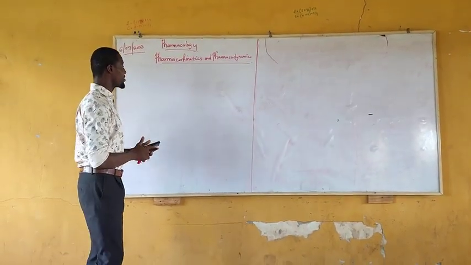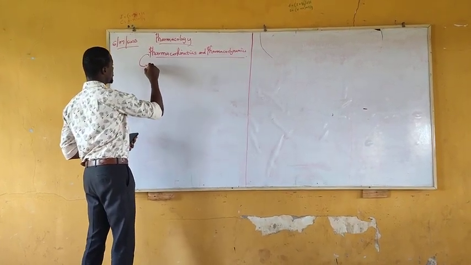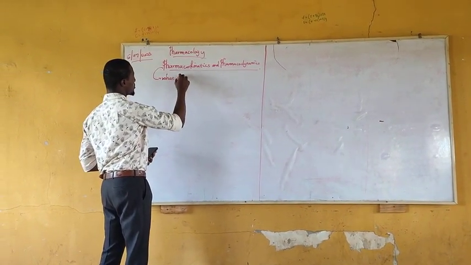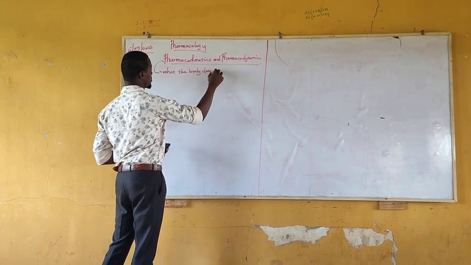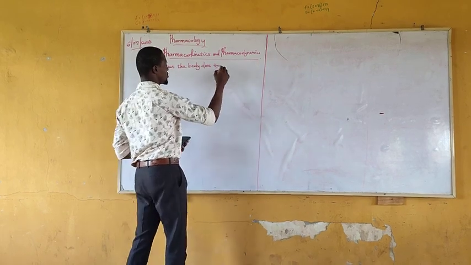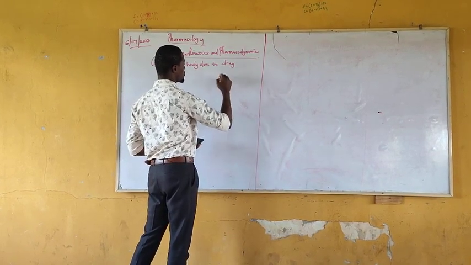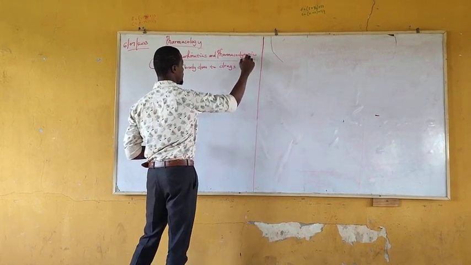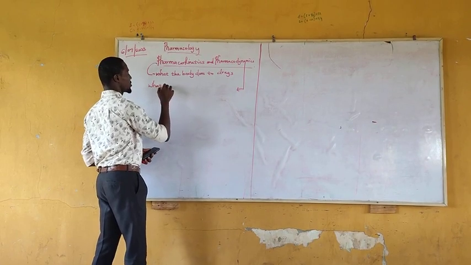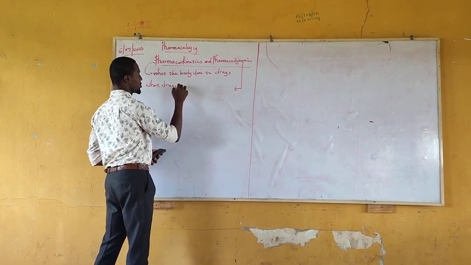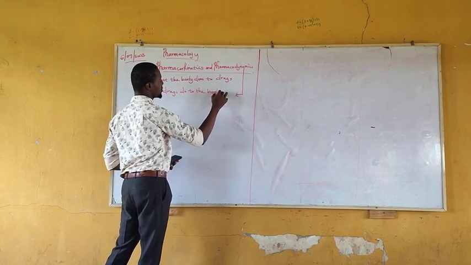Pharmacokinetics talks about what the body does to, let's say, drugs. Pharmacodynamics is what drugs do to the body.